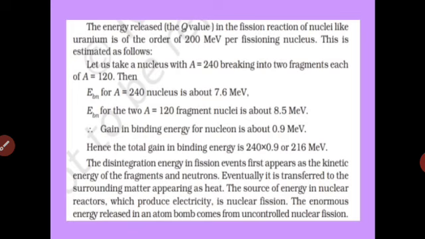Whereas in the explosion of an atom bomb, the fission reaction goes on as an uncontrolled chain reaction, and we have already read in history that during World War II, the world witnessed the disastrous effect of atom bomb explosions at Hiroshima and Nagasaki. So you can imagine that such an enormous amount of energy is liberated during these fission reactions.